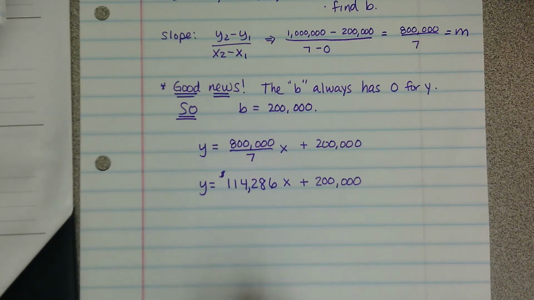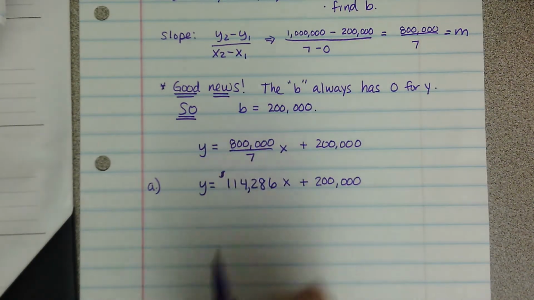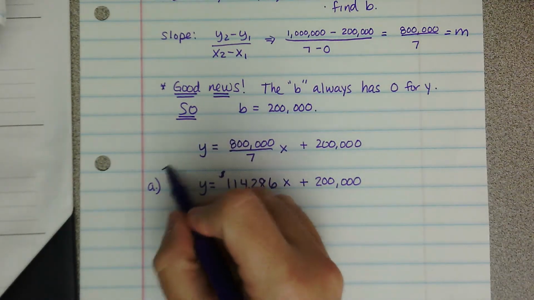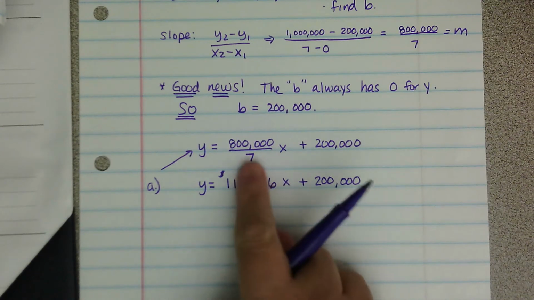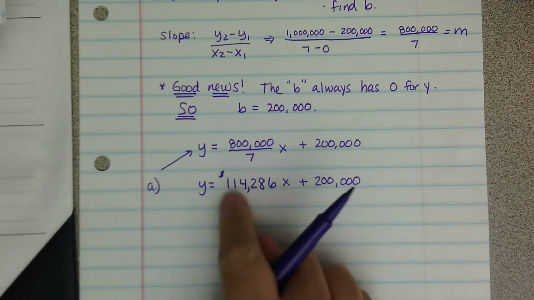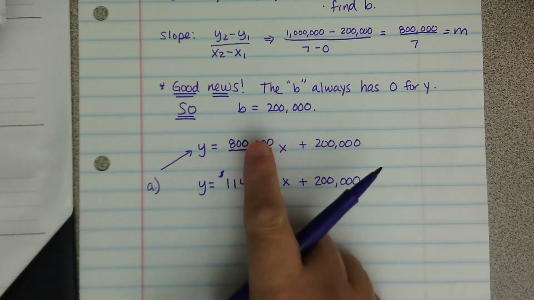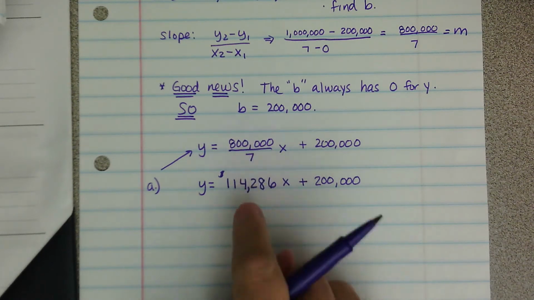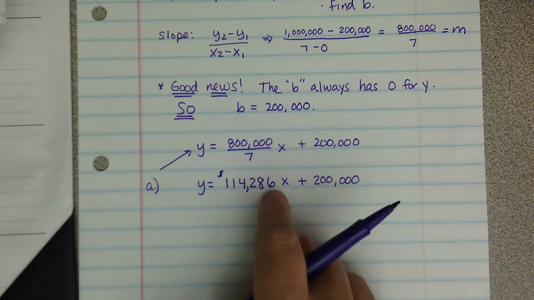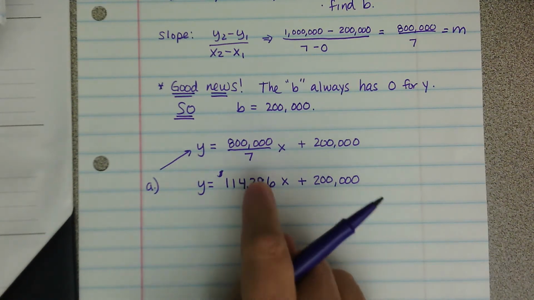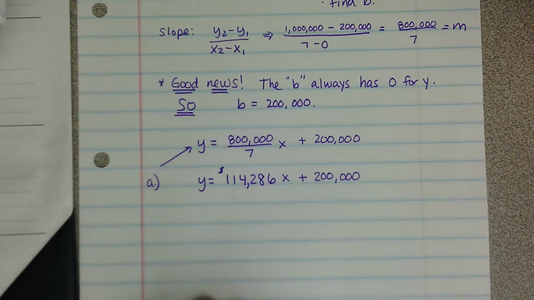So that's part A. So this is the exact, and this is like what the unit rate would be. When you're interpreting slope, you would say that 800,000 over a 7-year span means that $114,286 per year they were gaining.